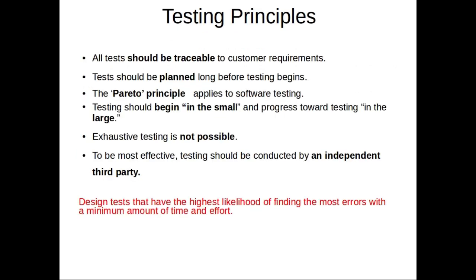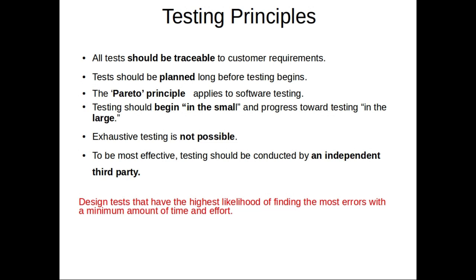Testing principles. Before applying methods to design effective test cases, a software engineer must understand the basic principles that guide software testing. Davis suggests a set of testing principles that have been adapted. 1. All tests should be traceable to customer requirements.